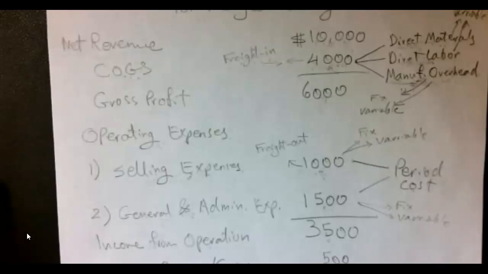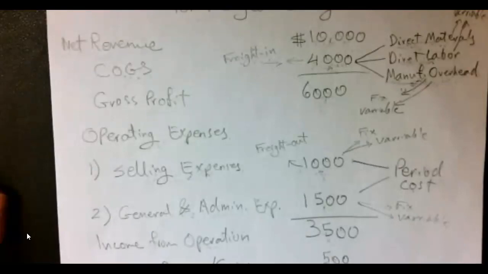Same thing on general administrative expense. Some portion might be fixed, some portion might be variable. So I just want you to understand that selling and general administrative expense is either fixed or variable.